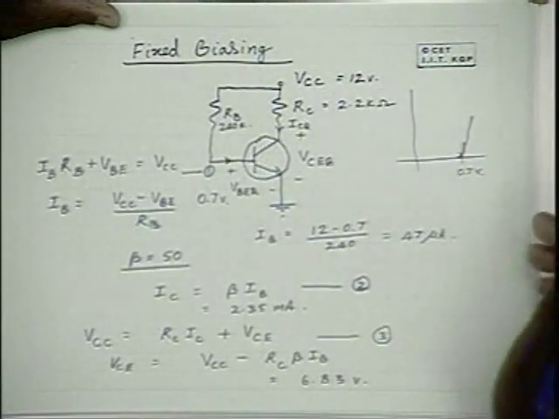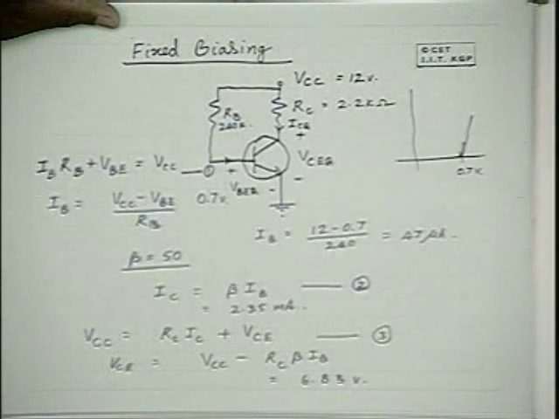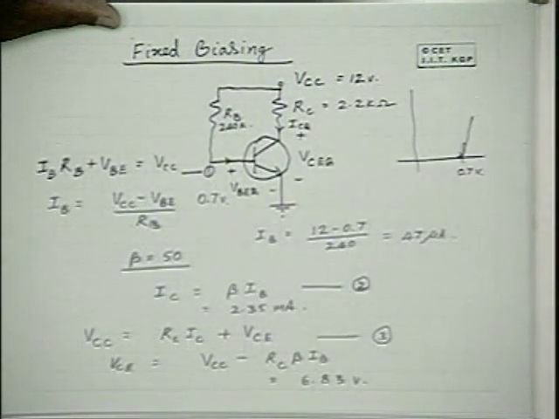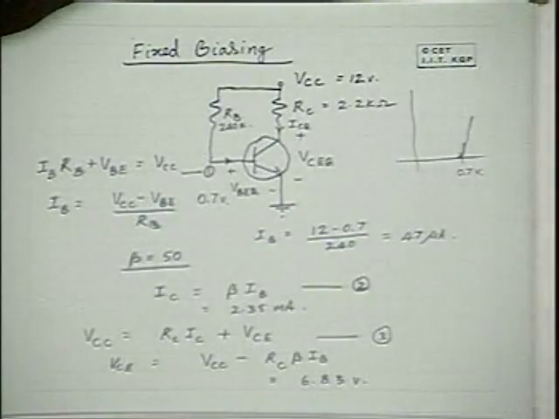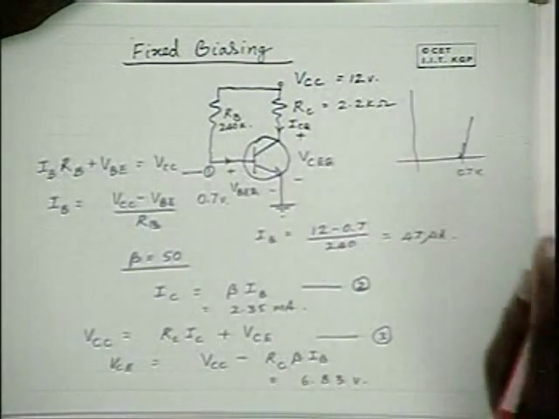Why am I saying this? When the manufacturer says that this is a transistor, the transistor has a beta between 50 and 150. That's how a manufacturer specifies, because of the inaccuracies in the manufacturing process.